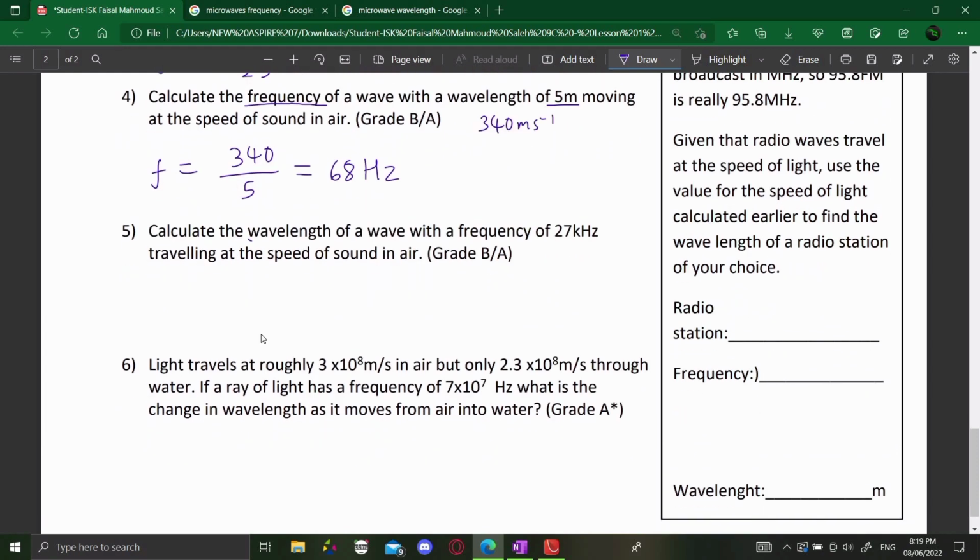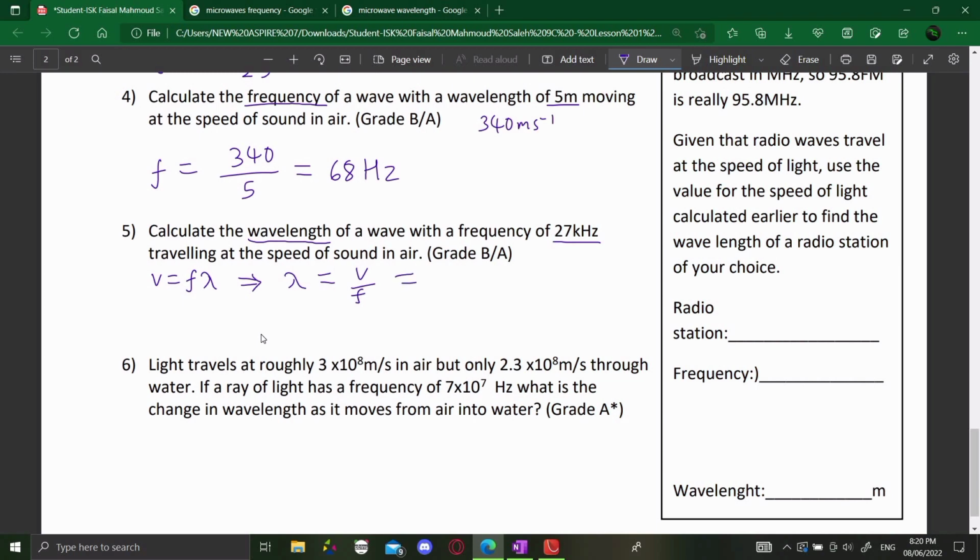This time we're finding the wavelength. We know that v is equal to f lambda, which means that lambda is v upon f. And we've been given the frequency as 27 kilohertz, which remember is just 27,000 hertz, because kilo is 10 to the power of 3, so you just multiply whatever that number is by 1,000. It's traveling at the speed of sound, which is about 340 meters per second.